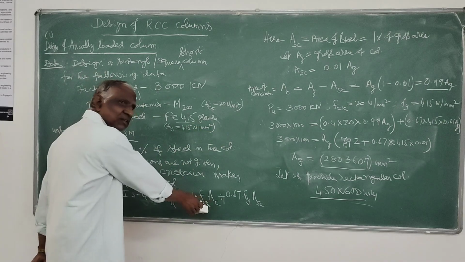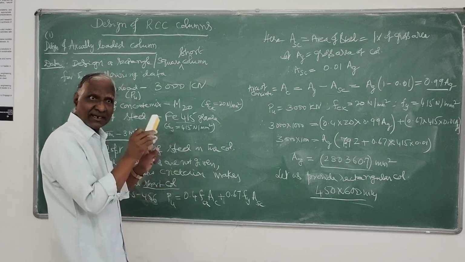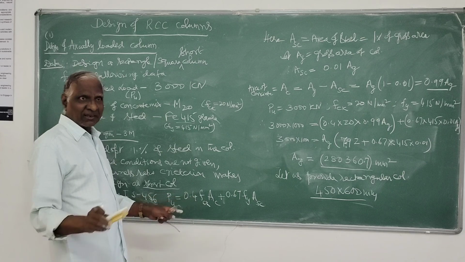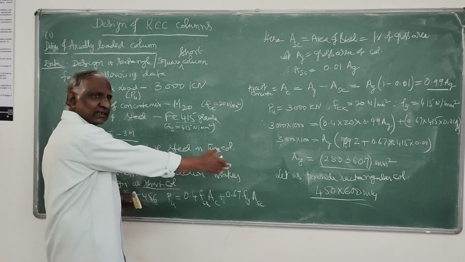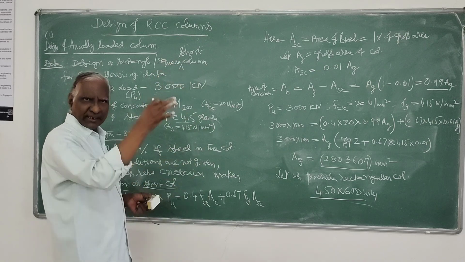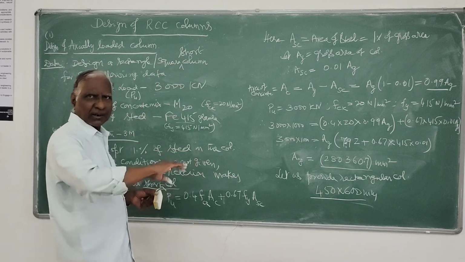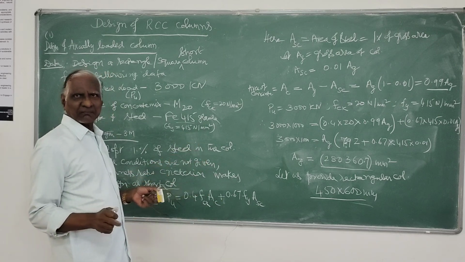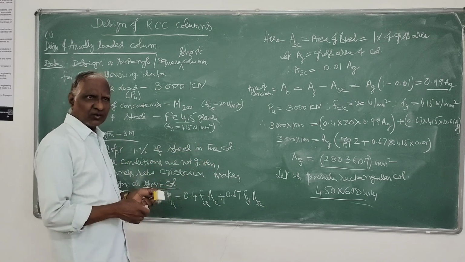Then only we can use this. I am using it as a trial to start with for an axially loaded column, no moment. That you have to satisfy. If that is satisfied, decide the area of steel, and provide that many bars, satisfying all the detailing requirements. Those are all the steps you have to follow.